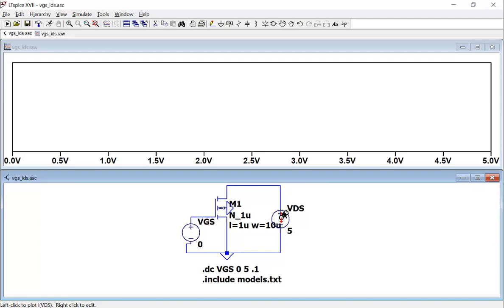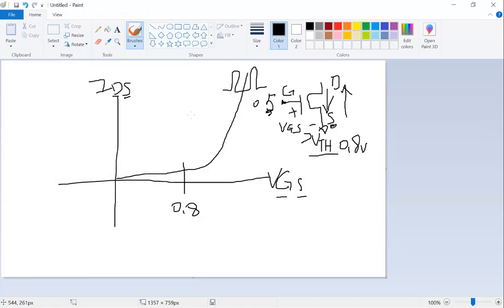So is that going to be the same current if I probe here or probe here? Keep in mind, we are looking at VGS versus IDS. Okay, so there's a current flowing into the channel of the transistor from top to bottom, right? There will be a current flowing from top to bottom in the channel.